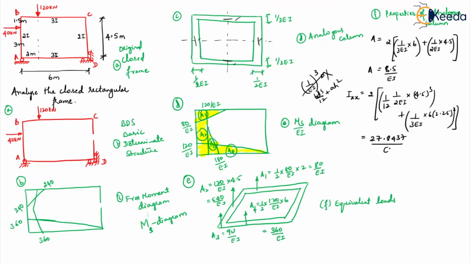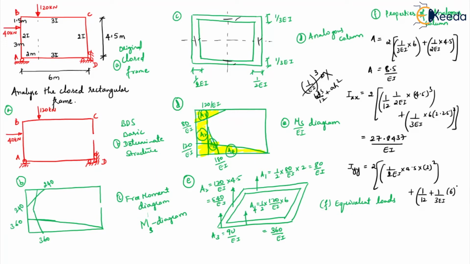27.8437 by EI. Similarly, when you do for Iyy, what will you get? 2 times of, here also 1 by 2 EI into 4.5 into 3 square. Here BD cube by 12 will get nullified, whereas AH square will come to the first portion, and then here BD cube by 12 will come, but AH square term will get vanished.